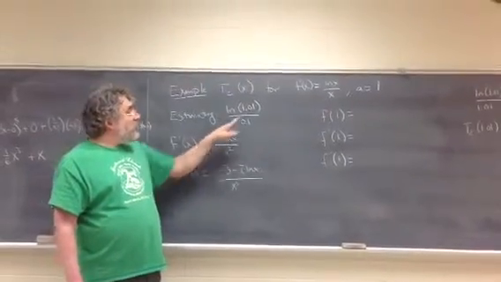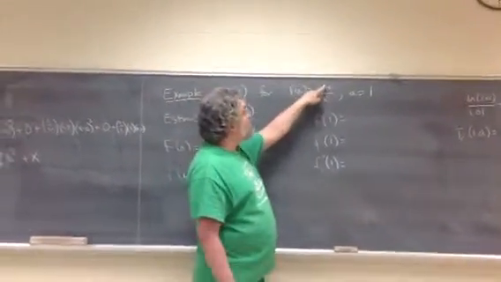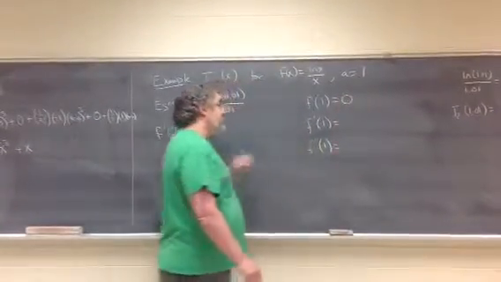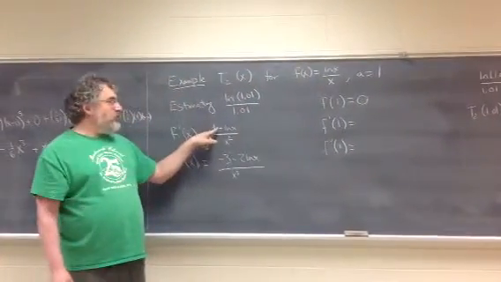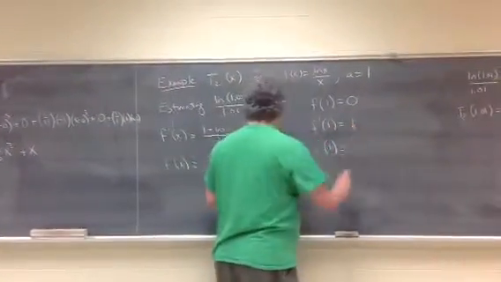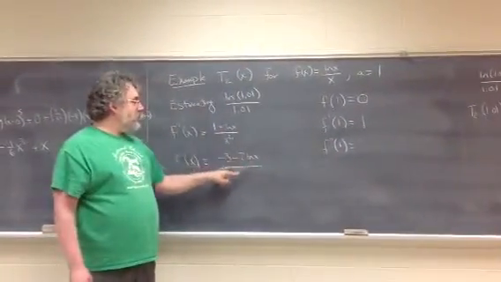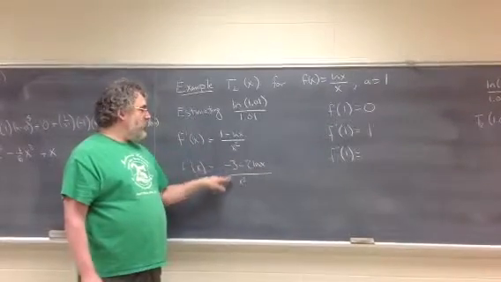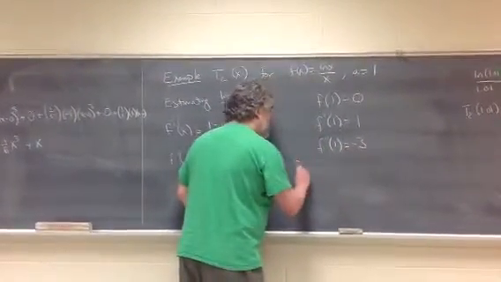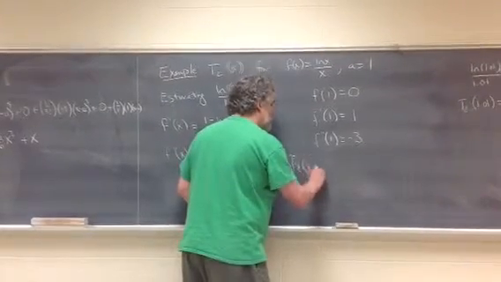So, first of all, plug 1 in here. 0 over 1. Plug 1 in here. 1 minus 0, so 1 over 1 squared. Plug 1 in here. That's 0, that's 1. We get minus 3.